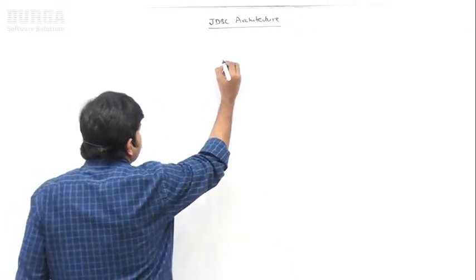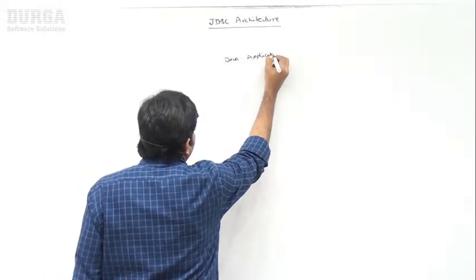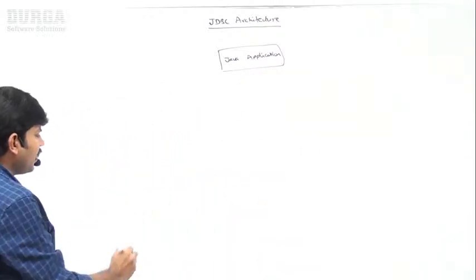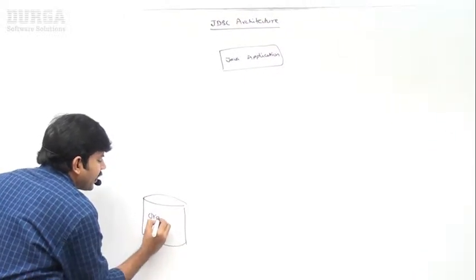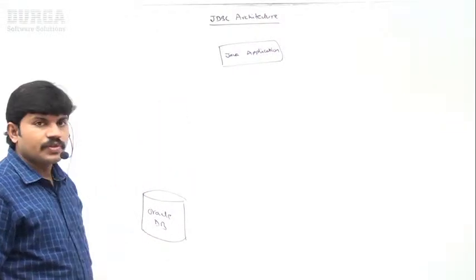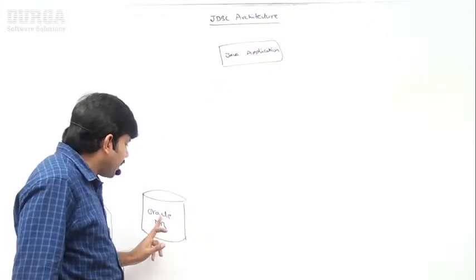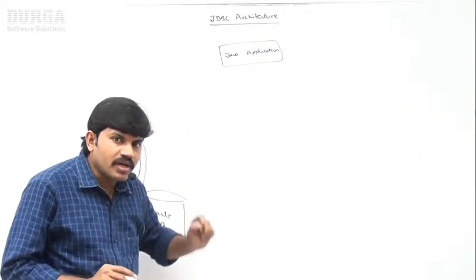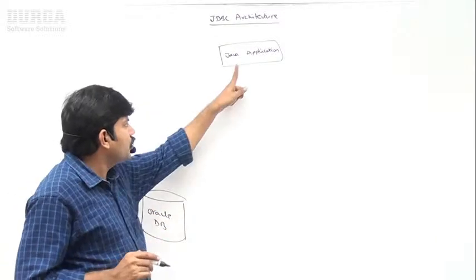Sir, I have a Java application. Take very special care, sir. Here I have one database, assume it is the Oracle database. If a Java application wants to communicate with the Oracle database, compulsorily Java calls we have to convert into database specific calls, and database specific calls we have to convert into Java calls.